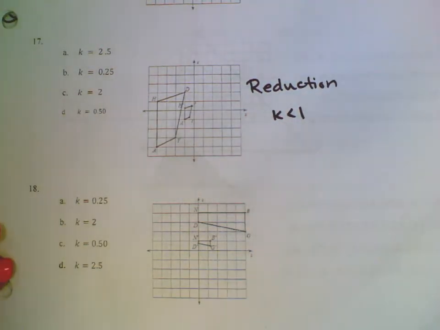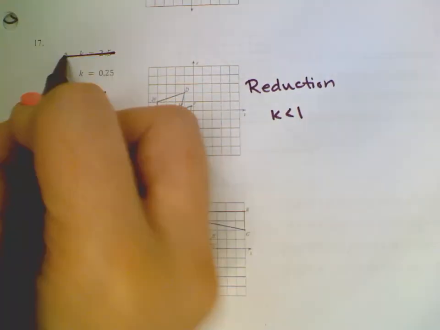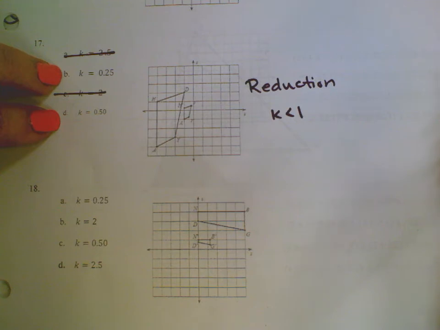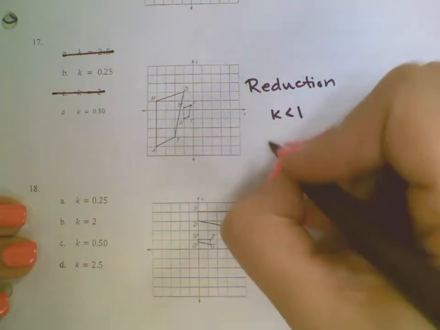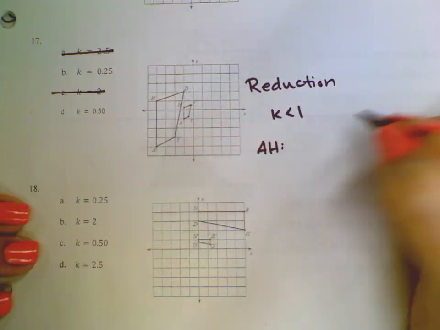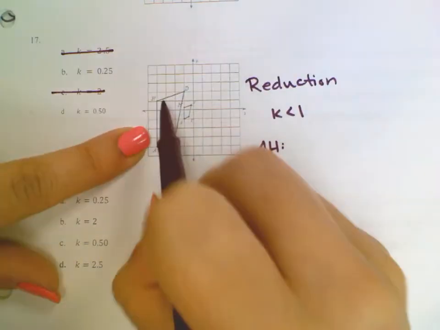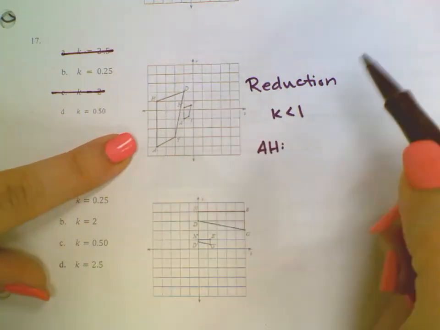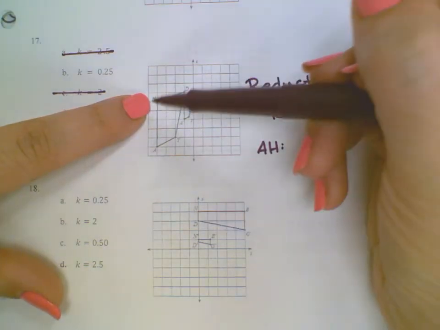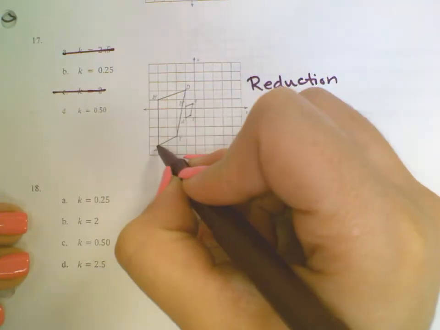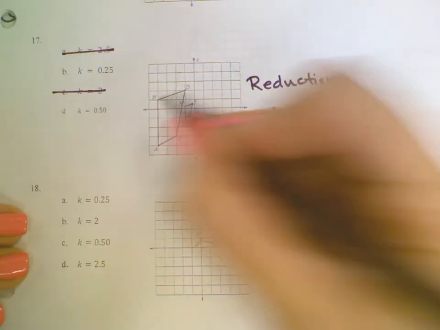If my scale factor is less than 1, that takes off A and C. Then from there, I need to compare my lengths. I'll compare AH. I'm always choosing the flat side to compare with, because I don't want to try to use the distance formula. That seems like too much work. If it's either vertical or horizontal, you can just count. So AH is 1, 2, 3, 4, 5.